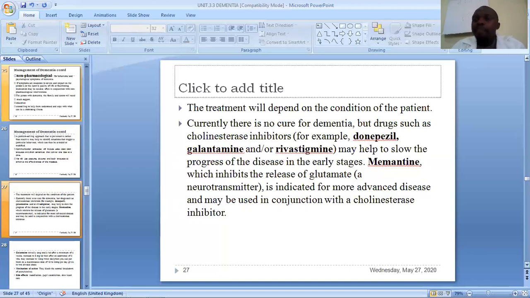So we are saying when the disease has progressed severely, then pick memantine, which will inhibit the release of glutamate. Memantine should be used in conjunction with any of the cholinesterase inhibitors, for example, galantamine. Then at least you get the expected results.